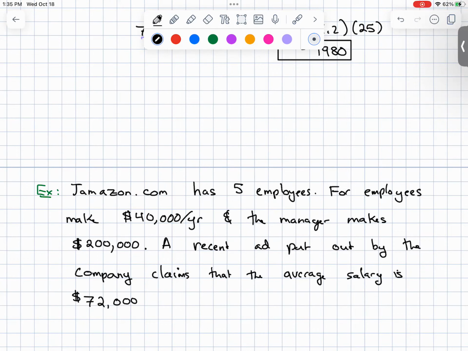Which, if you calculate the mean average, 200,000 plus 40,000 plus 40,000 plus 40,000 plus 40,000, and divide that by 5, you will get $72,000. So my question is, why is this disingenuous?